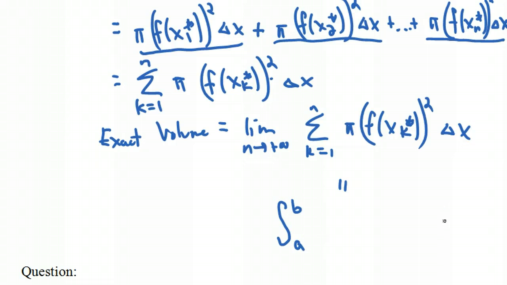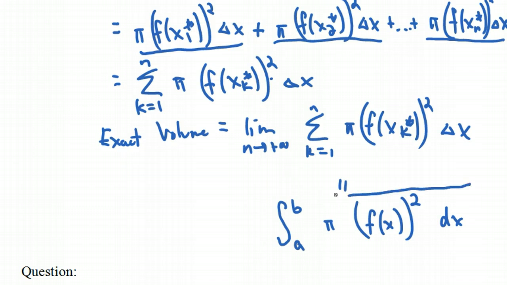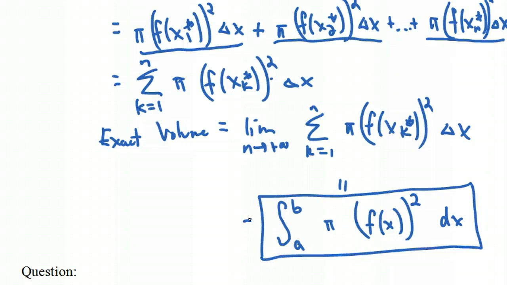The delta x here becomes the dx. The pi is just pi, and the f of x sub k star really just becomes f of x, but we still have the squared on here. You'll notice this formula right here is the formula that I had right at the beginning. This is the formula for the volume of a solid of revolution.